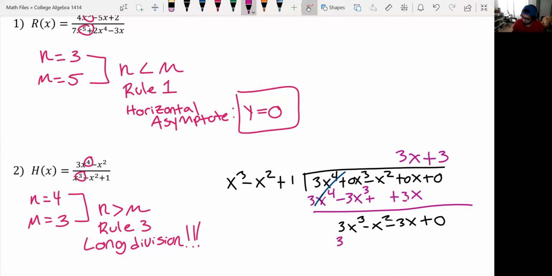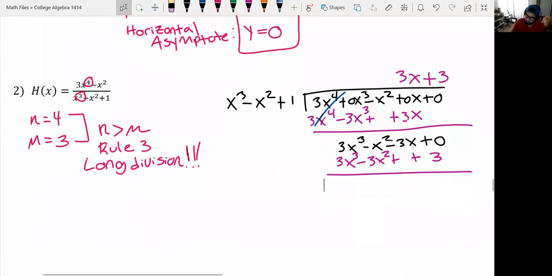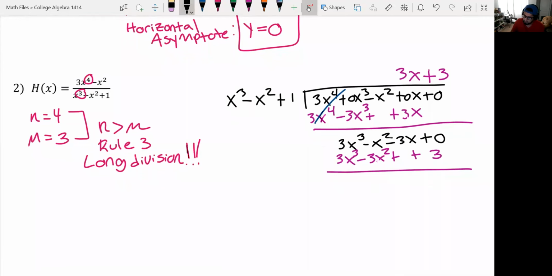And that'll give me 3x cubed minus 3x squared. Don't get an x, and you get a 3. And cancel. And I should get negative minus minus. So that should give me 2x squared minus 3x minus 3.